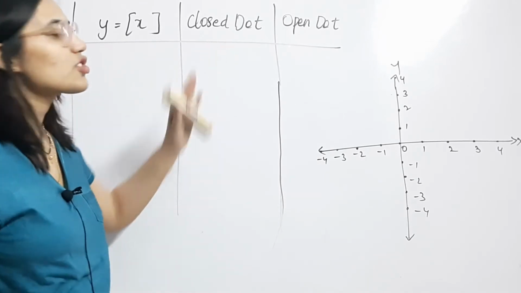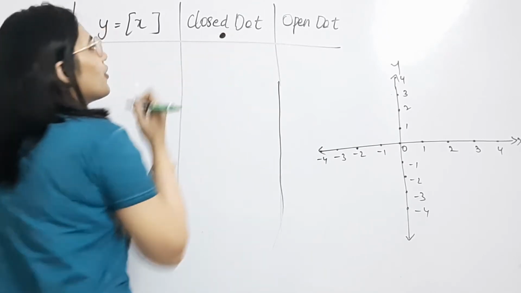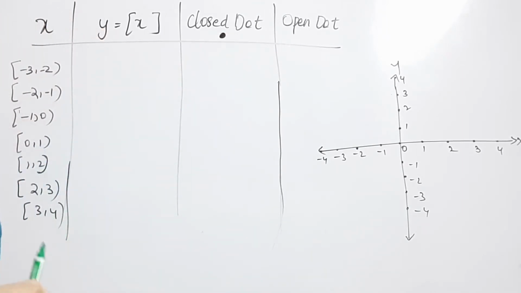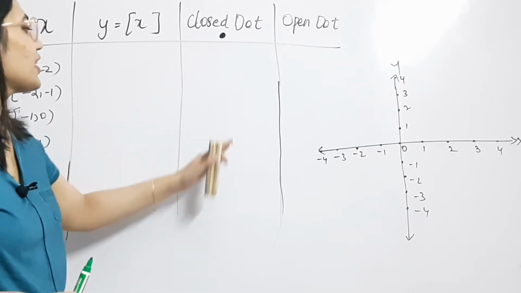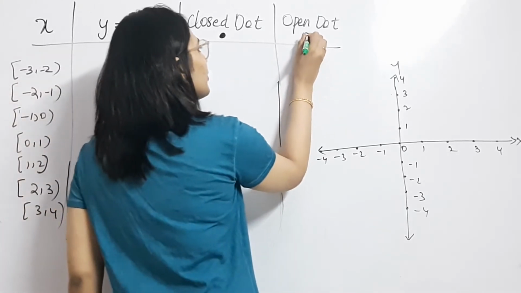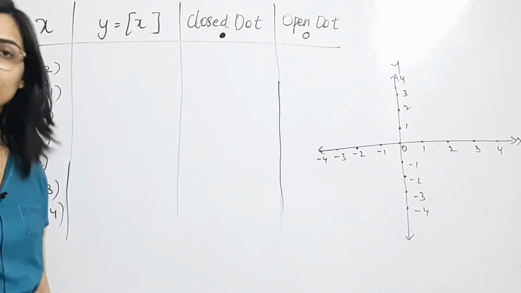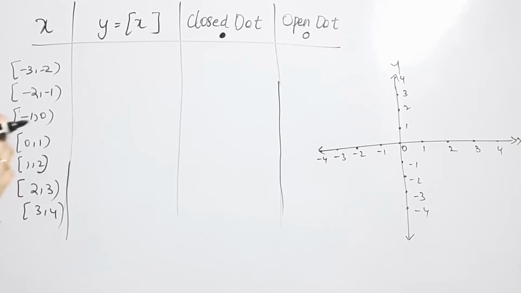The closed dot, the filled dot, will show you where exactly you need to put the dot in this table. But the unfilled circle will show you the open dot, as in we are not considering that value, but it is in the interval of that value x.